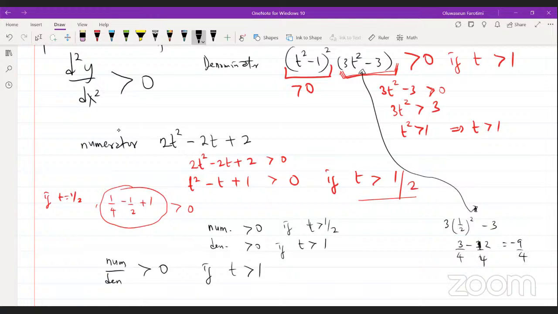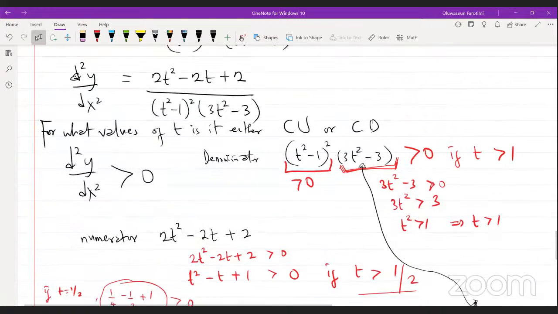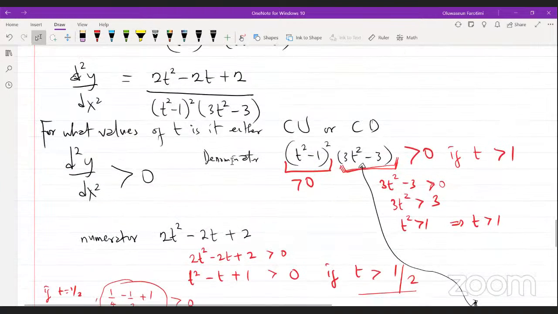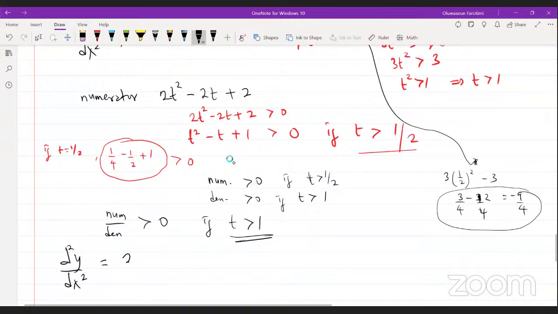Then there's a problem. Whatever number you pick that is less than 1, it's going to make the denominator fail. But I need the top to be positive and the bottom to be positive. So that's why t has to be bigger than 1. Makes sense, guys? You might have to take a look at this again, because you have to do it step by step or case by case when you have a rational function.